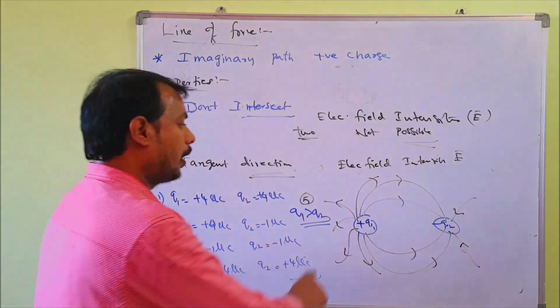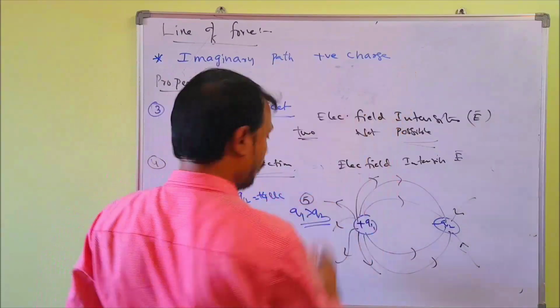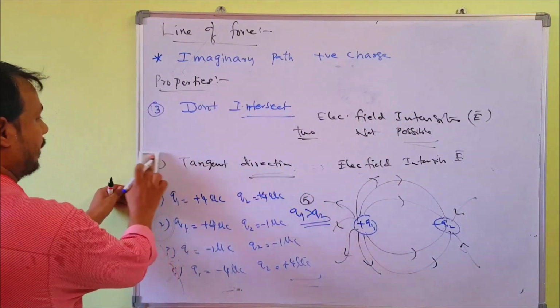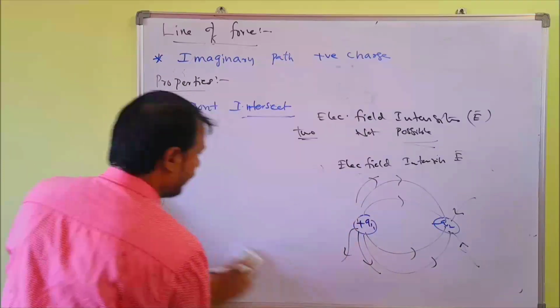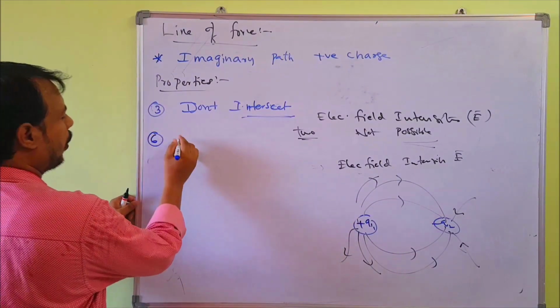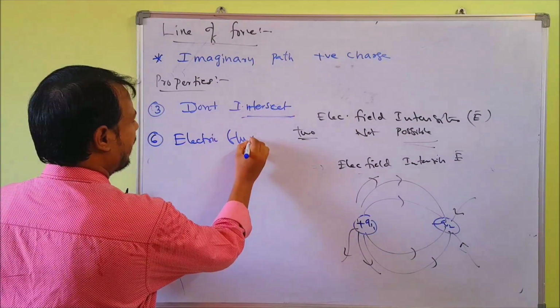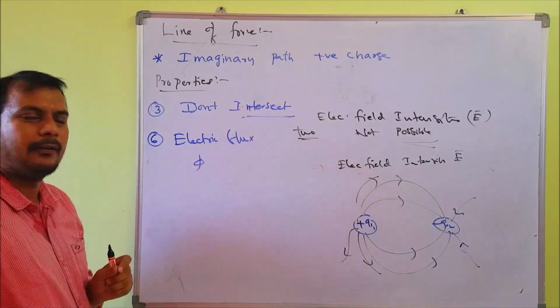Next, the total number of lines of force is called electric flux, indicated with the phi.